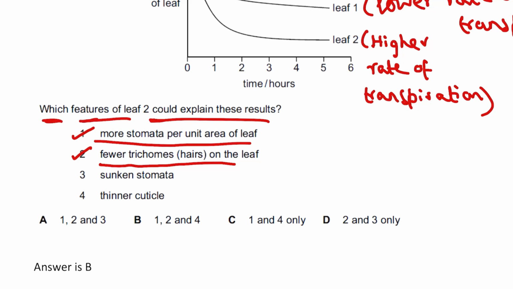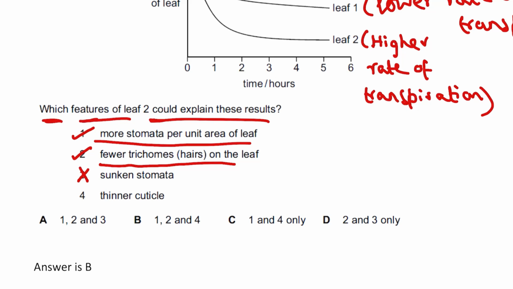But over here, if the leaf has fewer trichomes, it means less water vapor will be trapped and less humidity will be created. So when there is less humidity around the stomata, the rate of transpiration increases.